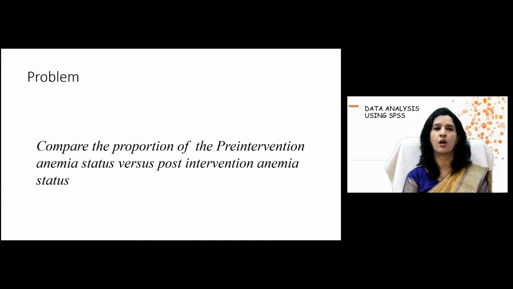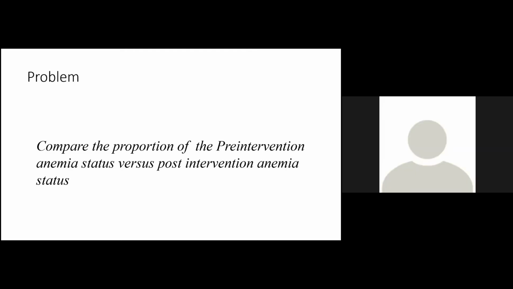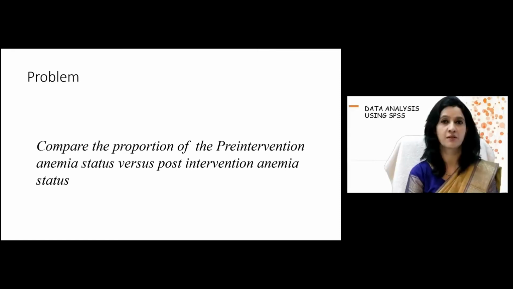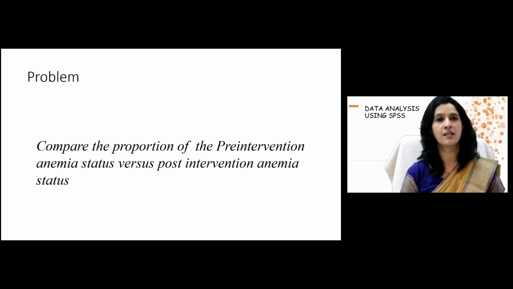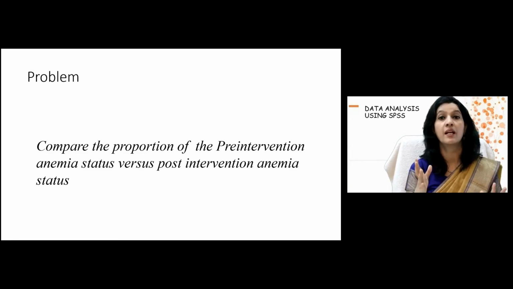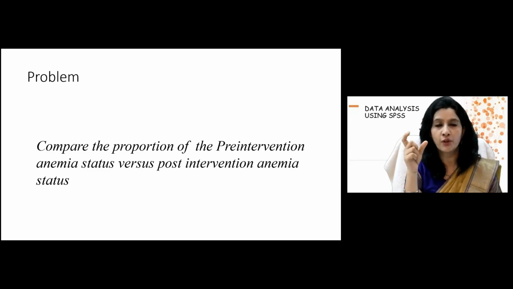Can you recall what was the question for the paired t-test? Can anyone write in the chat box? Praveen? Yes, ma'am. It was hemoglobin level before and after. Yes, so the same question, but it was the hemoglobin level. If you compare the continuous variable, mean hemoglobin before and after intervention, then we applied the paired t-test.